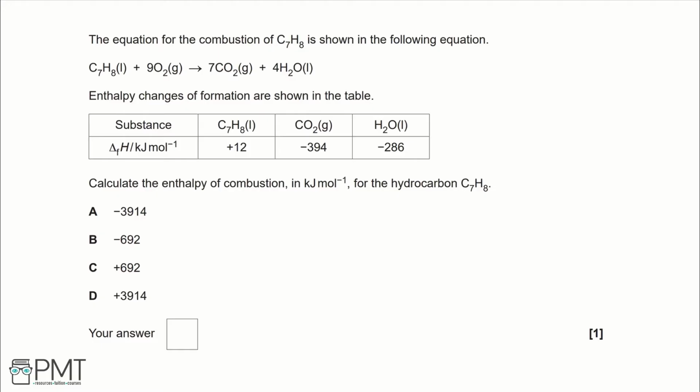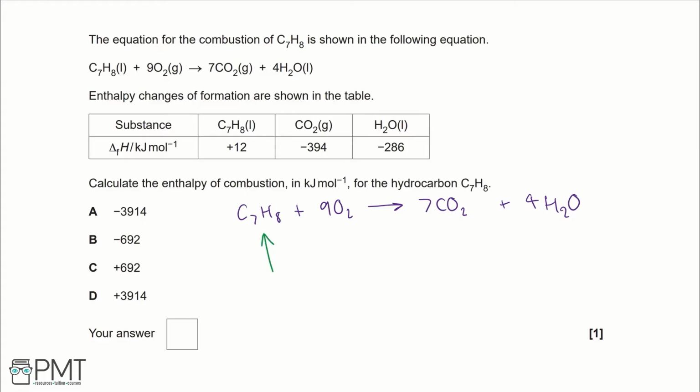Firstly, with this question, we need to write out the equation again. C7H8 plus 9O2 goes to 7CO2 plus 4H2O. Then, using the enthalpy changes of formation, we can begin to construct what's called a Hess cycle.